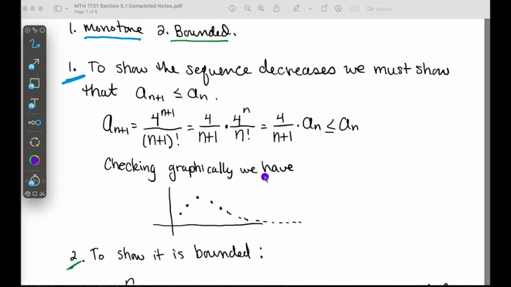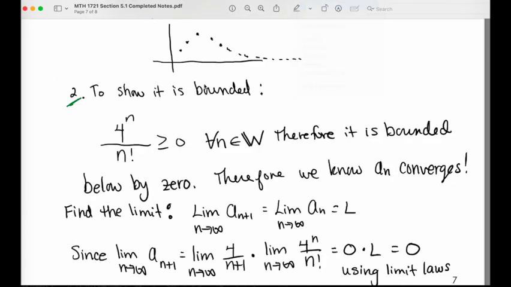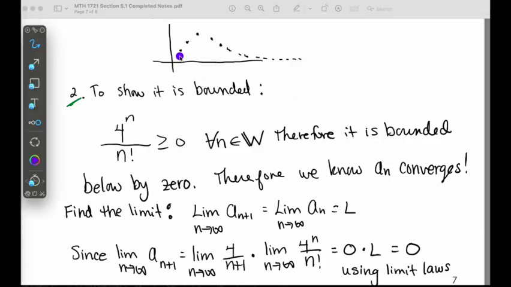Let's prove the bounded part now. When I looked at this graph, it looked like the limit was going to be 0, like it's getting closer and closer to the x-axis. Once I started thinking about it, I realized that 4 to the n is always going to be positive, and n factorial is always going to be positive as well.